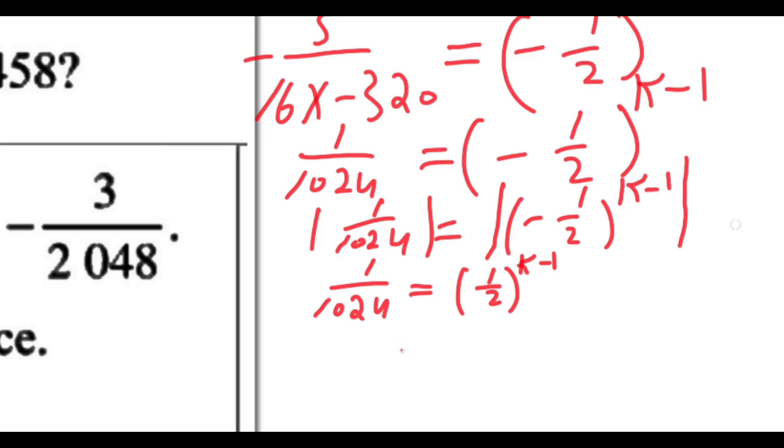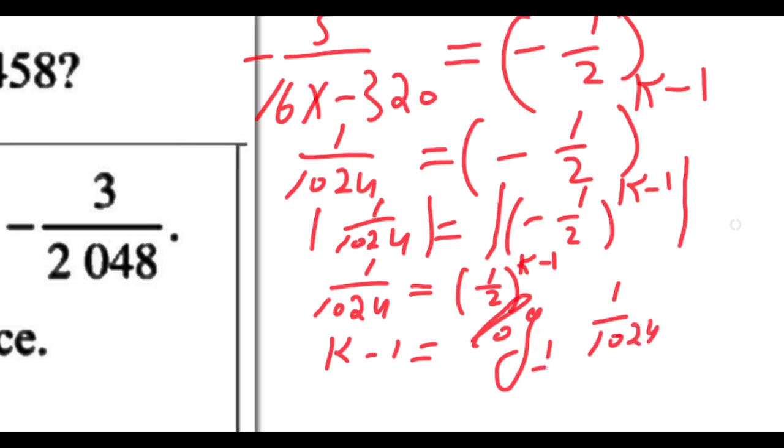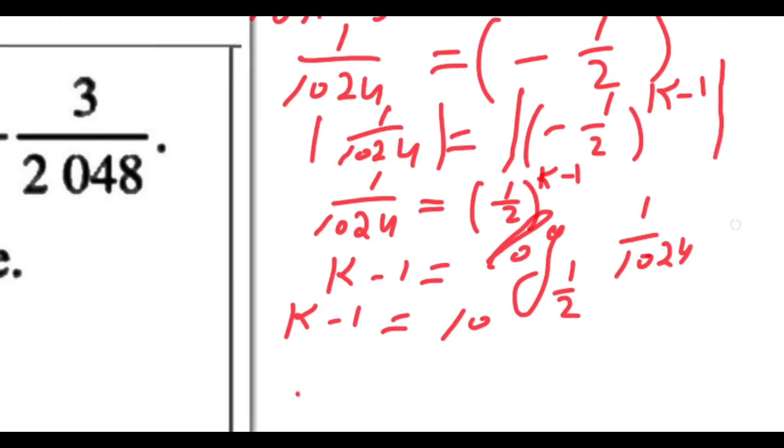So now you can apply the log. k minus 1 is the log of 1 over 1024 to the base 1 over 2. I apply the log, so the answer becomes 10. k minus 1 is equal to 10. Therefore k is 10, negative 1 I pull over this side, it becomes positive, k is equal to 11. So this is my final answer.